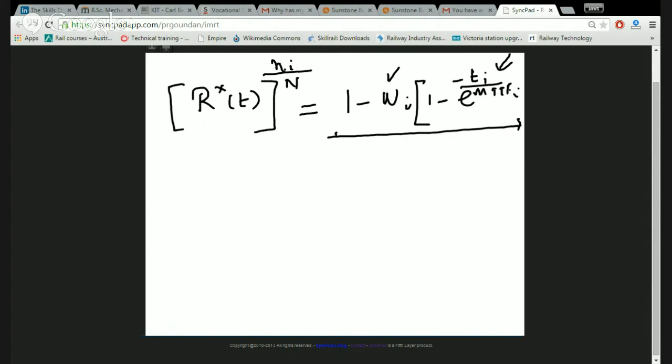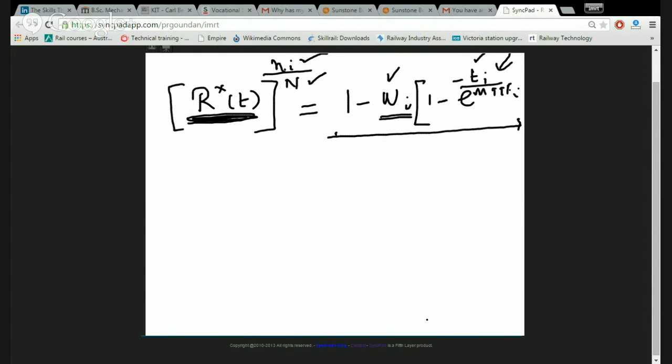Now here, what I know is the overall system parameter. I know how many total modules are there. I know for the ith subsystem how many modules are there. The mission time Ti of the ith module I know. All I don't know is Wi. If I know Wi, then I can get this factor.